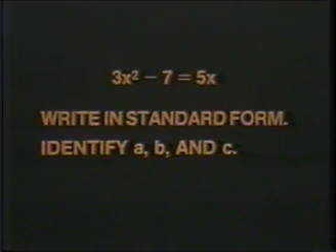You'll notice that any of them can be either positive or negative. Clear enough? Good. You can prove that it is by rewriting this one in standard form and labeling exactly what A, B, and C would be in this case.